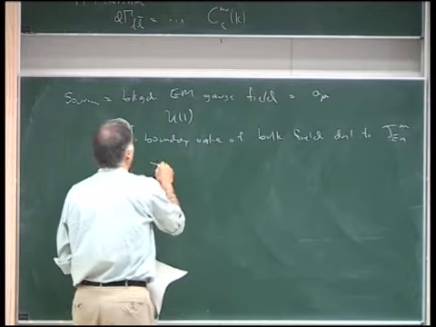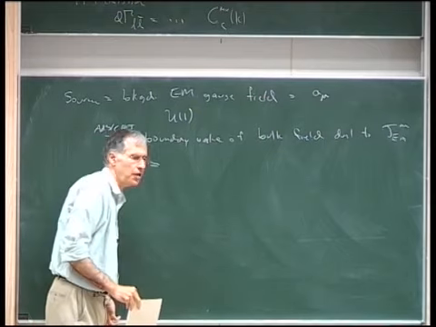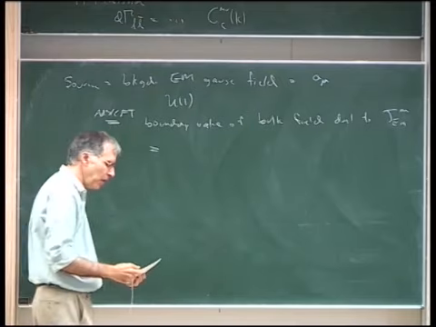What is that? Well, we're going to have to discuss exactly what we mean by the electromagnetic current in the theory in which we're actually doing this calculation. I'll come to that in just a second. But the bottom line is simple.